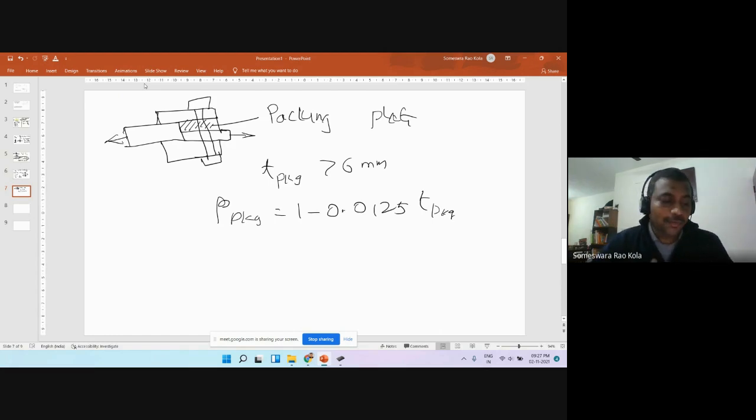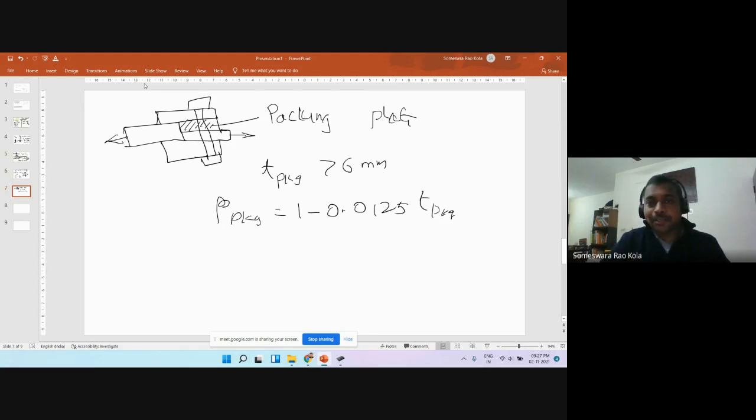Now we have introduced 3 correction factors for the shear strength of the bolt, depending on the length of the joint, the grip length of the bolt, as well as the packing material thickness. If there are certain conditions where these things are large, then we have to introduce these factors.